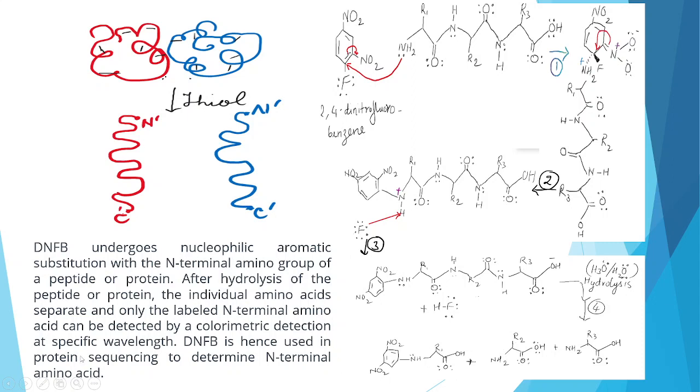This reaction is used for protein sequencing, and one by one we can release this, and again we will know this amino acid and this amino acid and so on.